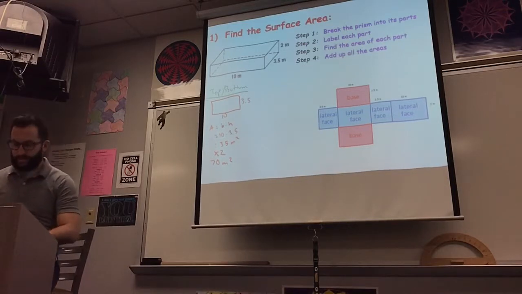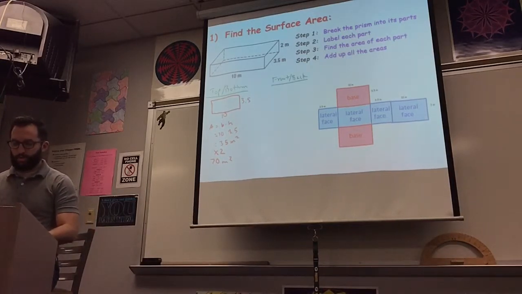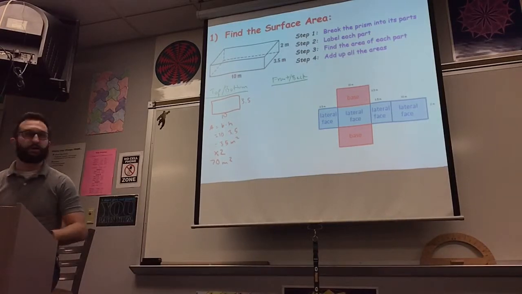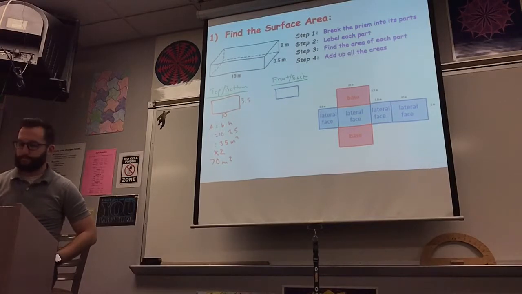All right? And now let's draw the next one, the front and back. Let's do front and back here. Draw that image, and we get front and back looks like this, right? A little bit skinnier. What are the dimensions of the front and the back? 2 and 10, exactly. Area equals base times height, which is 10 times 2, which is 20.